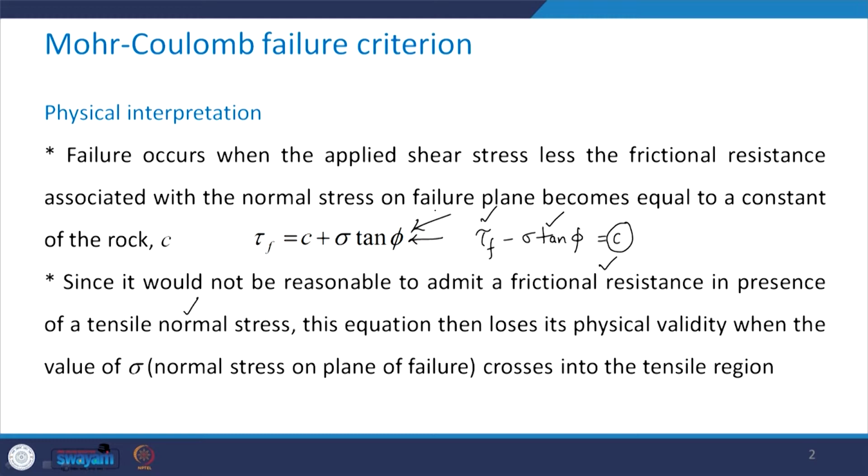We saw in the previous class also that this equation will work fine as long as this normal stress sigma is in the compressive region. The moment it goes to the tensile region, or its value becomes negative, this equation, tau f equal to C plus sigma tan phi, loses its physical validity.